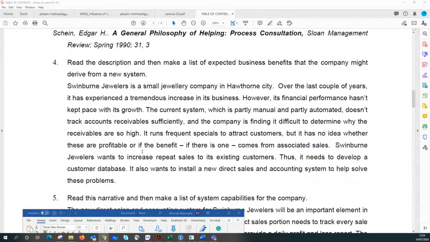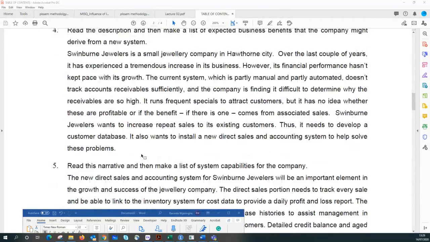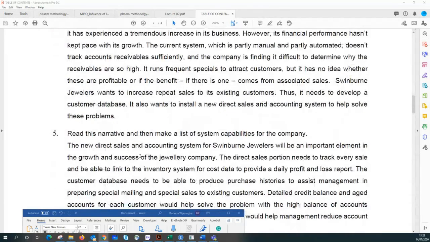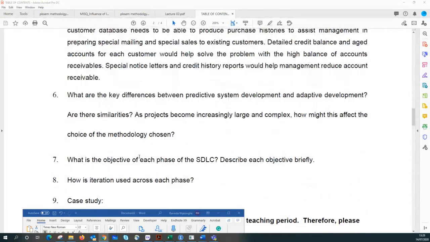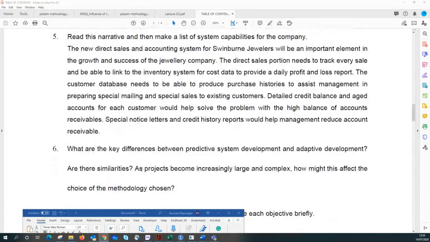Now we can move to the case study questions. We have a couple of case studies, and then some theory questions here.